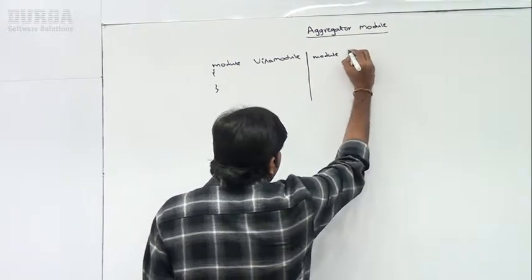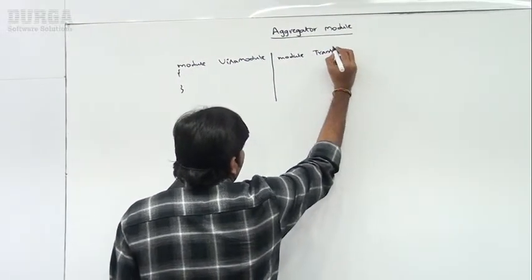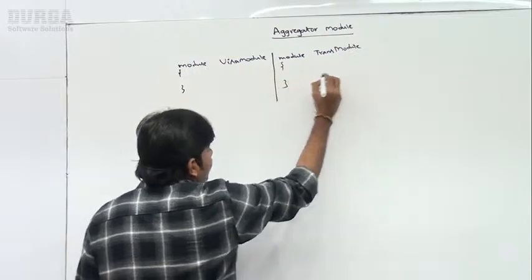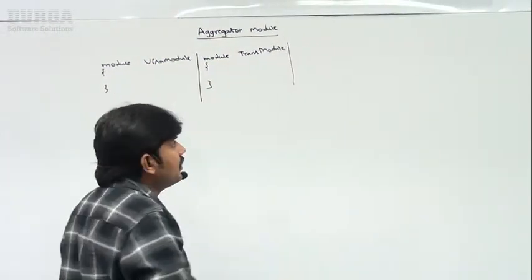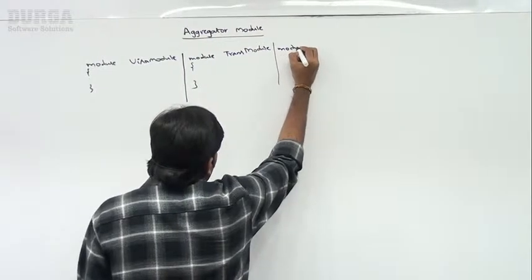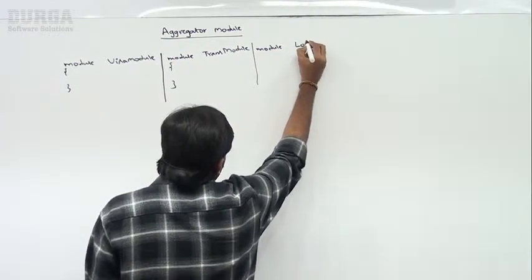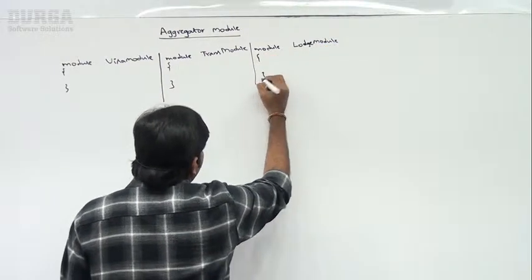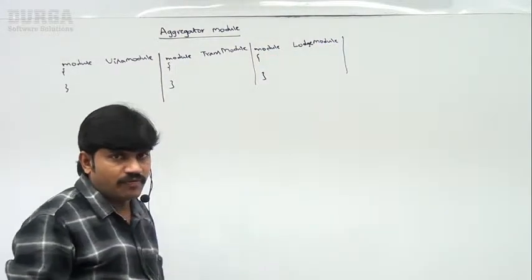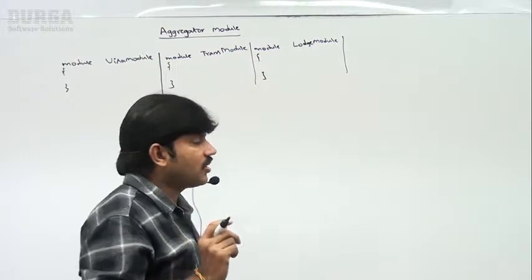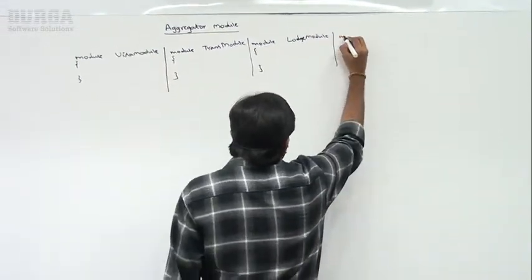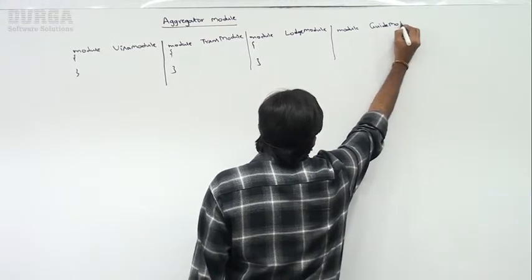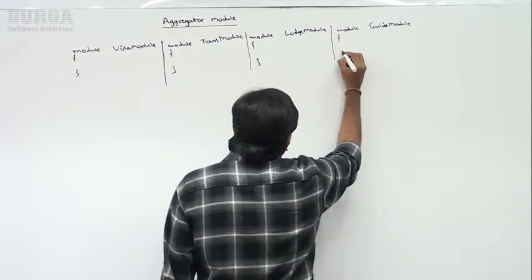Next, after that, the lodge module must be required, which is responsible for lodging and boarding support. The lodge module is required. Next, and after that, the guide module is required.